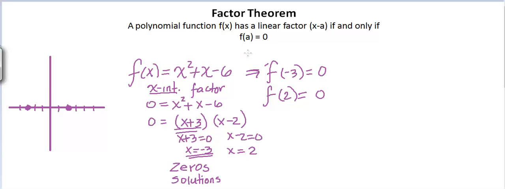The remainder theorem said that if I divide a polynomial by a linear term like this one, then the remainder is going to be equal to evaluating the function at that term. The only difference with this one is that the linear term happens to be a factor of the function, so the remainder is going to be 0, and that's what it's saying here. f of a is equal to 0.